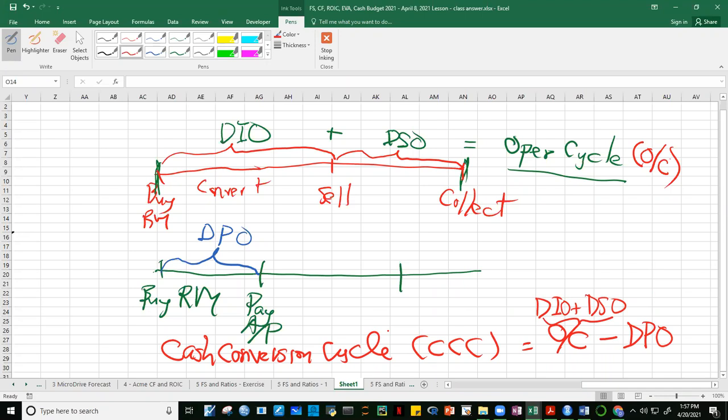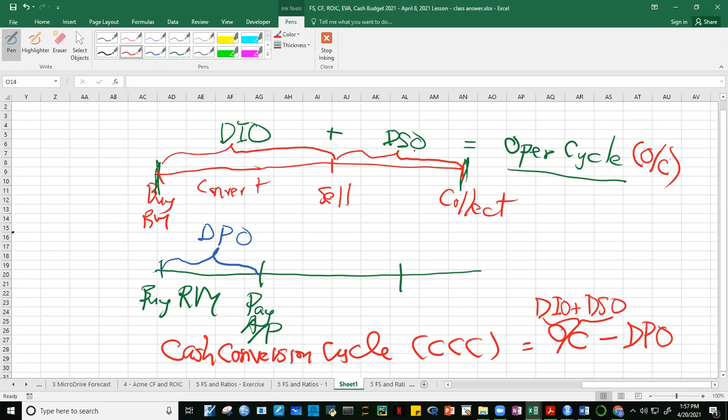Okay, let's just take a look at this diagram. Kasi guys, maraming implication tong diagram na to. Okay, once again guys, review natin, DIO, ilang araw bago bumili ng raw material. Pagbili ng raw material, convert to finished goods, and then benta. DIO. DSO, from the selling up to the collection, that's your DSO.